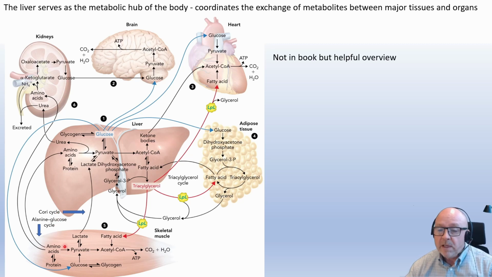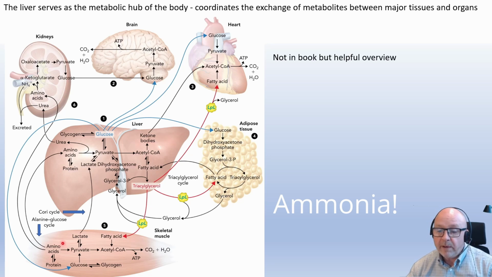Additionally, we have conditions where amino acids can be used to generate pyruvate in the muscle, sticking with the muscle, and eventually ATP. And the breakdown of amino acids typically leads to a buildup in urea.